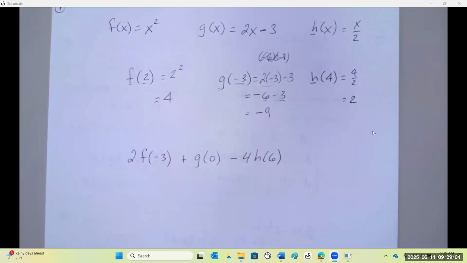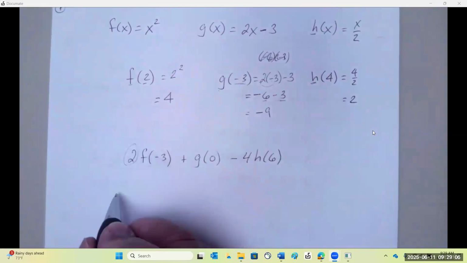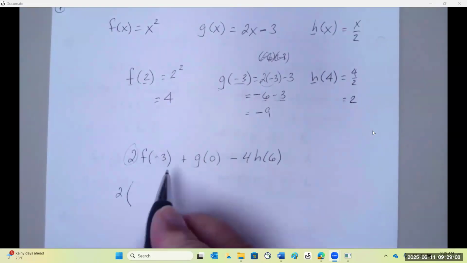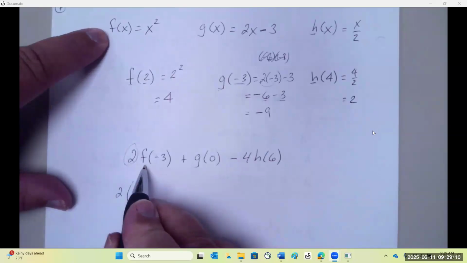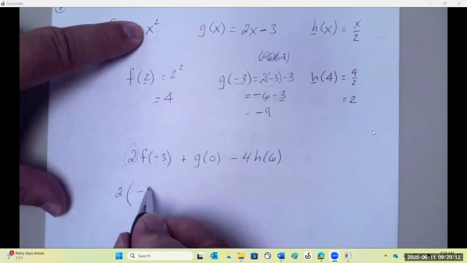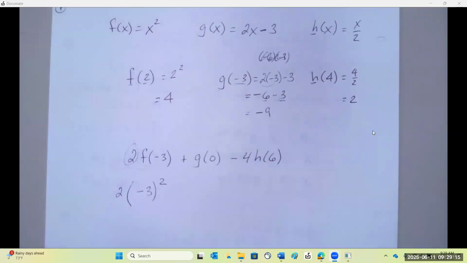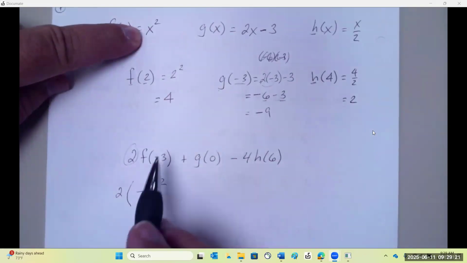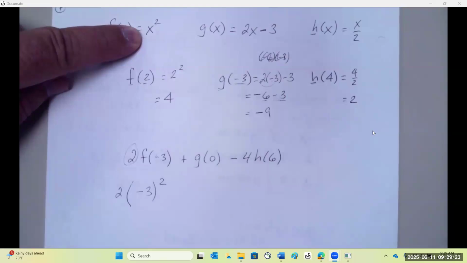So what's the first thing you have to do? Yeah, plug it in. So we have 2 times f is here. In place of x, I put -3. Because that's what the function f is, x squared.